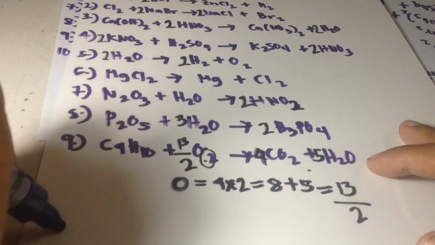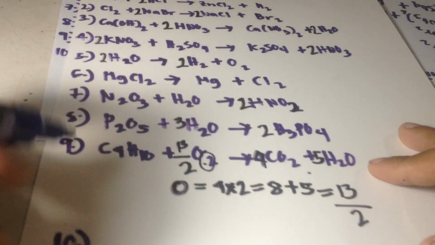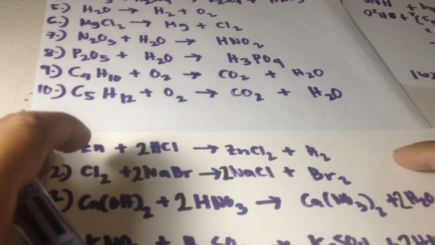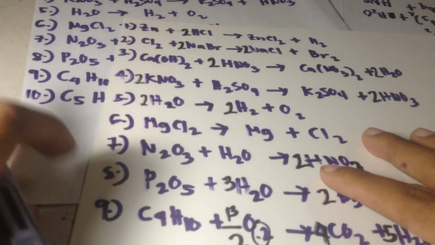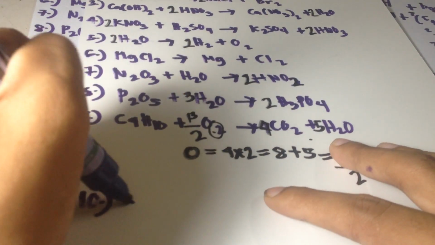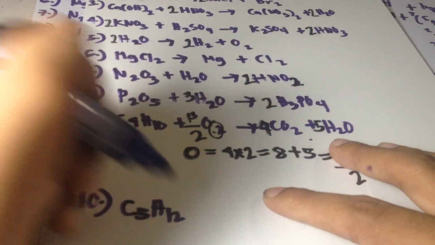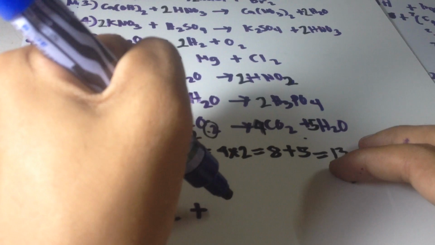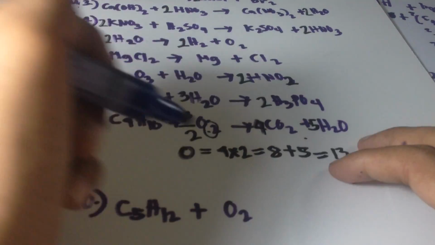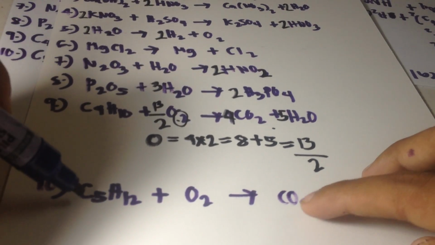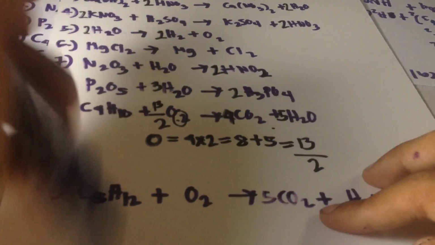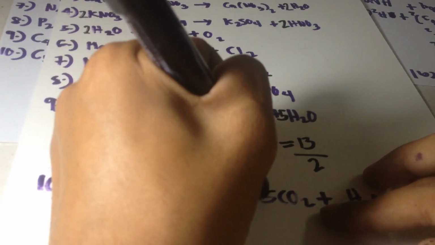How about number 10? Number 10 has C5H12 plus O2 reacts to carbon dioxide plus water. Carbon has a 5 subscript, so you put 5 here, and now it's 5 here.